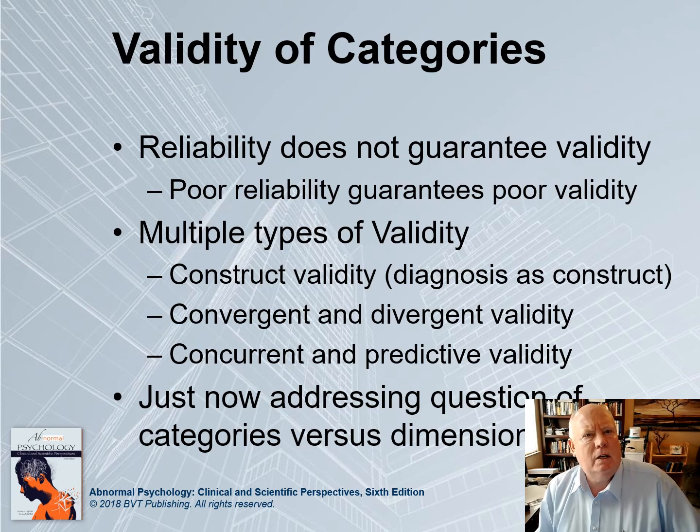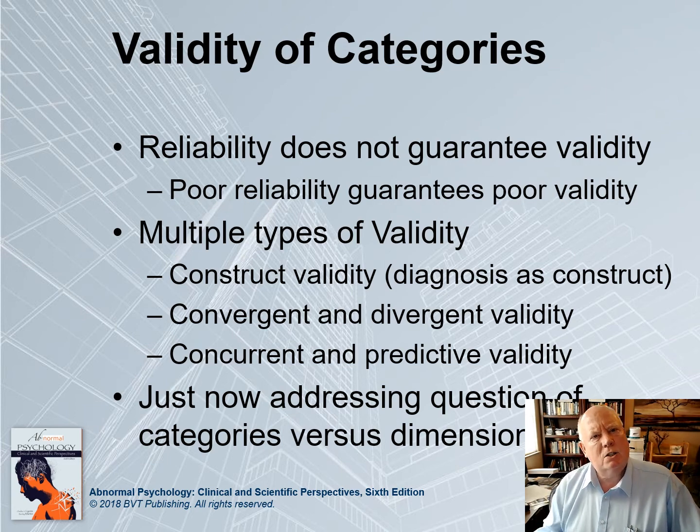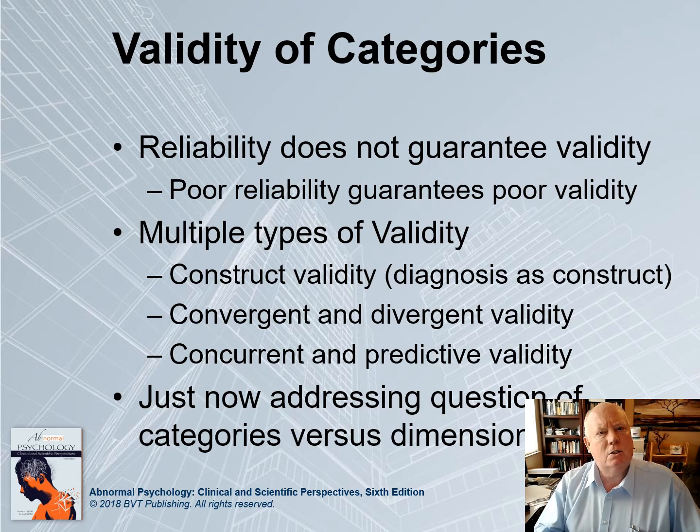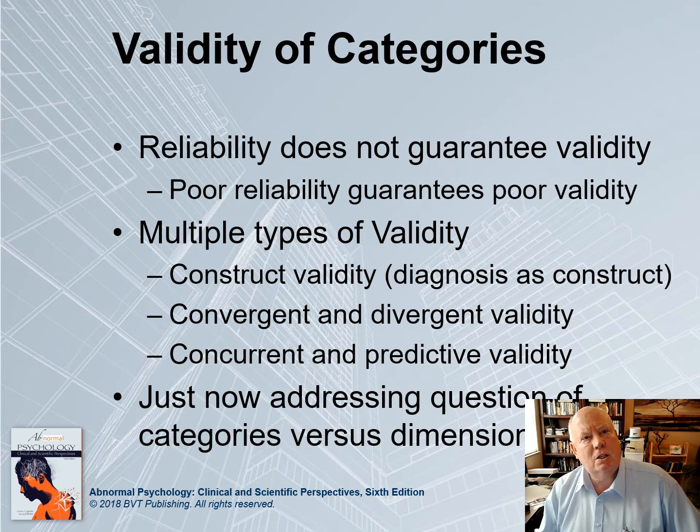So we test validity by seeing what our concepts should predict. So for example, if the diagnosis of schizophrenia is a valid concept, what it means is that people who have that diagnosis should have a similar history and a similar course and should show similar symptoms and disabilities and should show a similar response to various treatments. Those are all ways in which we independently validate a disorder.